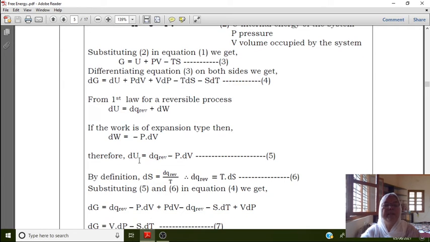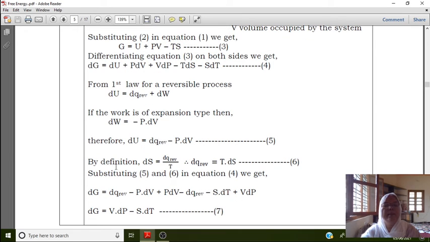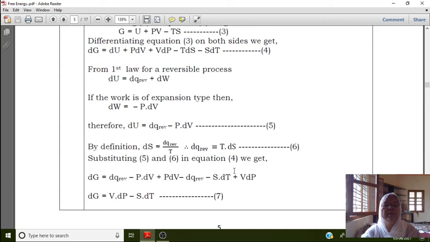Therefore, dU is equal to dq reversible minus P dV. And by the definition of entropy change for an infinitesimal process, the small change in entropy dS is equal to dq reversible by T. Therefore, we can write dq reversible equal to T dS. Let it be our expression number 6.